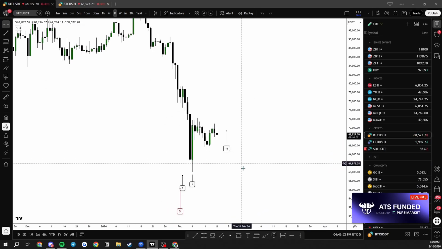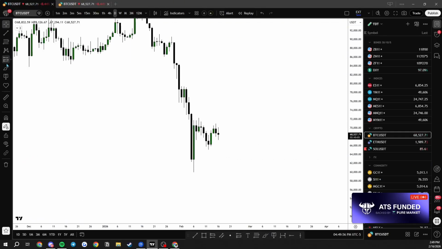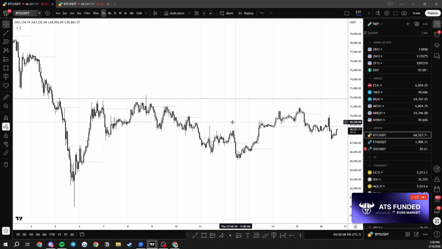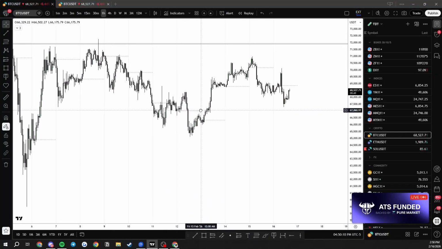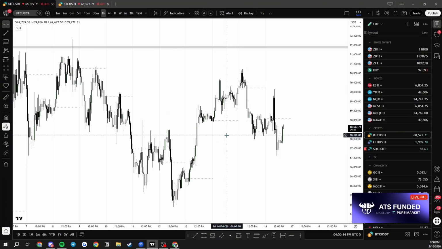But going back to BTC, time dilation theory aside, I still am of the same opinion thus far, right? We mapped out that bearish daily fair value gap. We had a really nice move down, and then we had a pretty strong move back up.